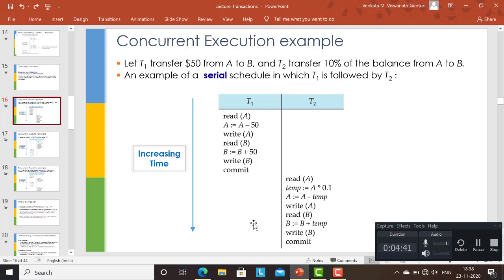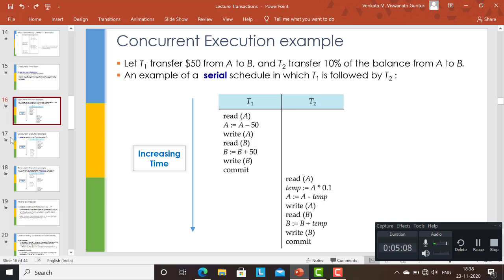Now, if person A gets in first, he will book the ticket and B will not get it. But if person B was allowed first, then B will get that ticket and A will not get that ticket, right? So that permutation exists in the real world, and that is a permutation which we all agree is semantically correct, right?